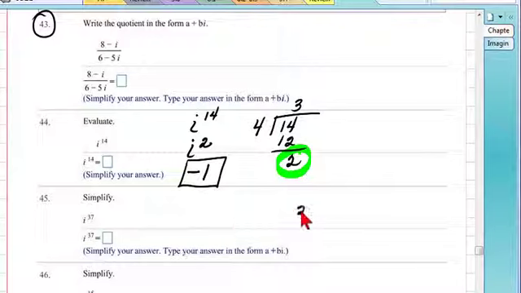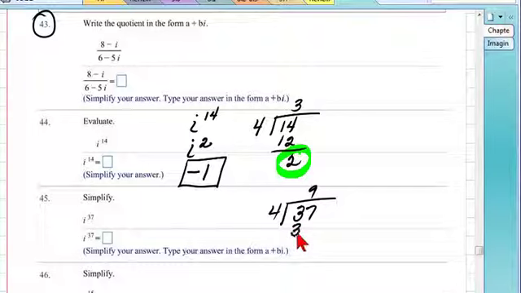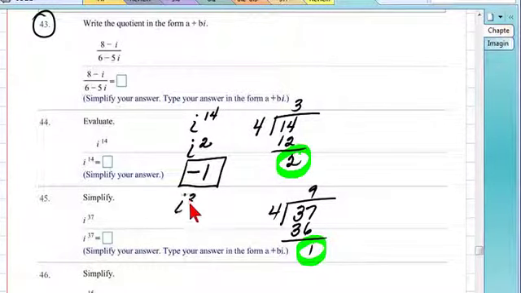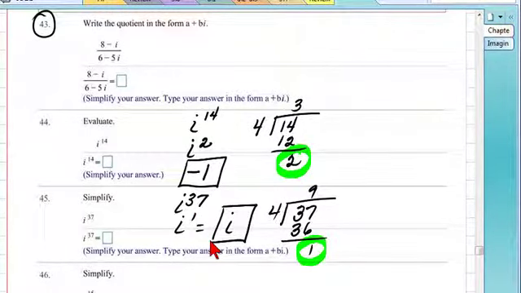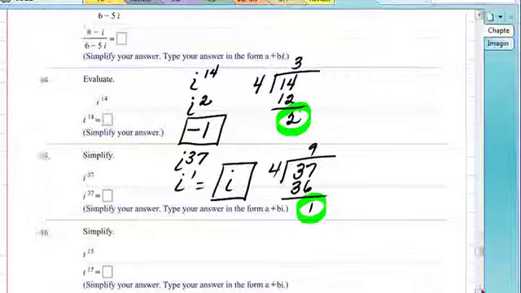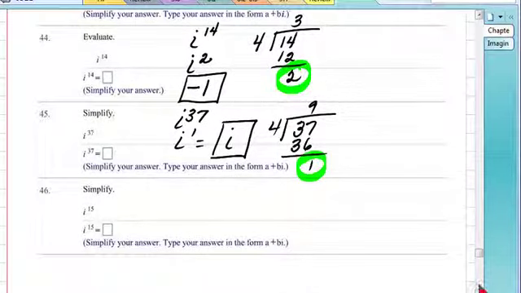Okay, I to the 37th. What are we going to do? 37 divided by 4. It's going to go in there 9 times for 36 with a remainder of 1. Yes, I to the 37th is the same as I to the 1st, which is just I. And the last one on here is I to the 15th.